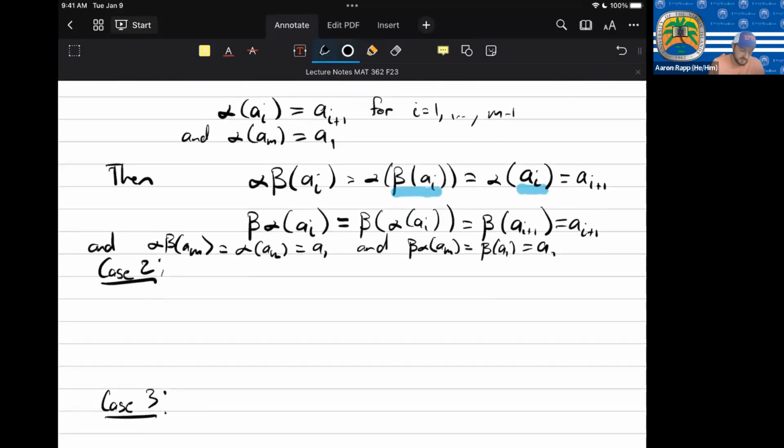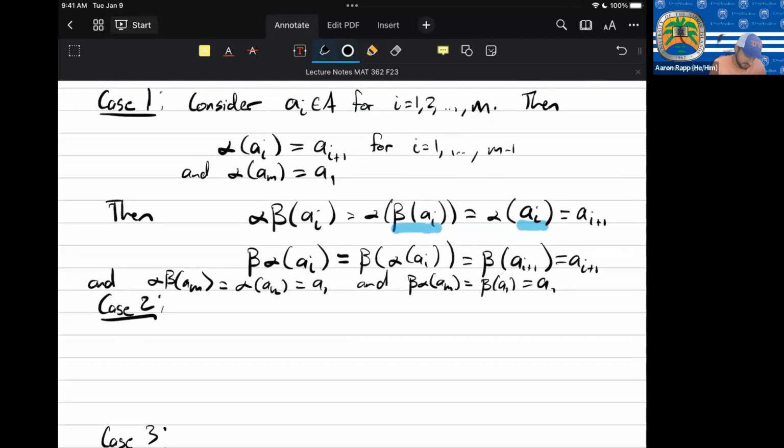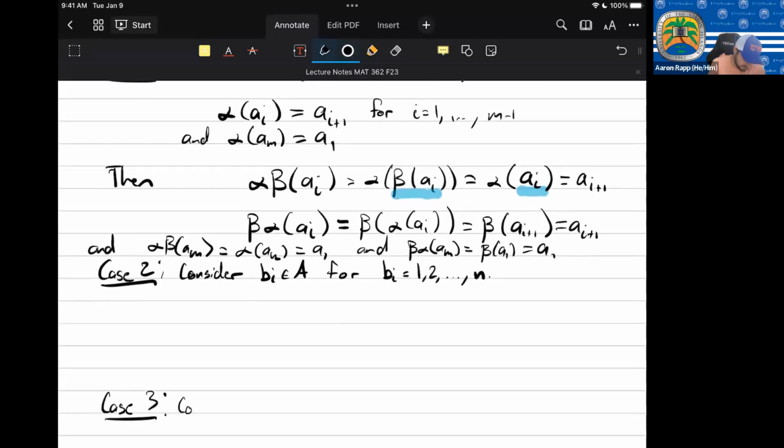So that's how our second and third cases get split up. The first case was choosing the little a's. The second case would be to consider all my little b's, and that one went to n. And then the third case would be to consider all those c's.